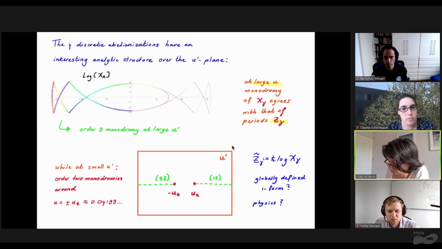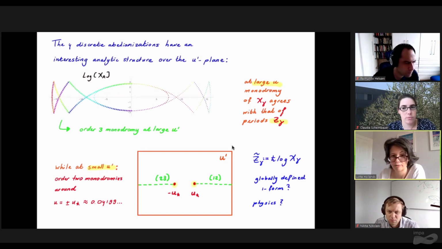But if you look at small U prime, then you find something different from what you would expect from the WKB approximation. Namely, you find that there are 2 special points in this U prime plane around which there is an order 2 monodromy. Together they build up the order 3 monodromy that you would expect from WKB.